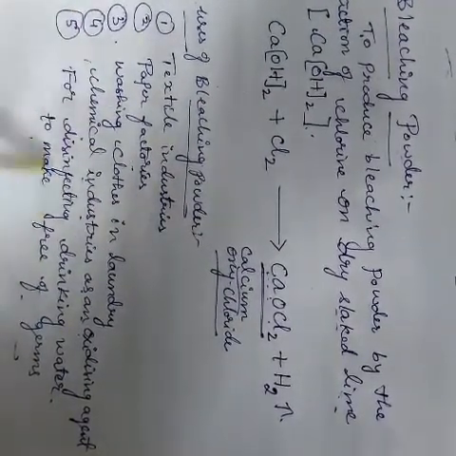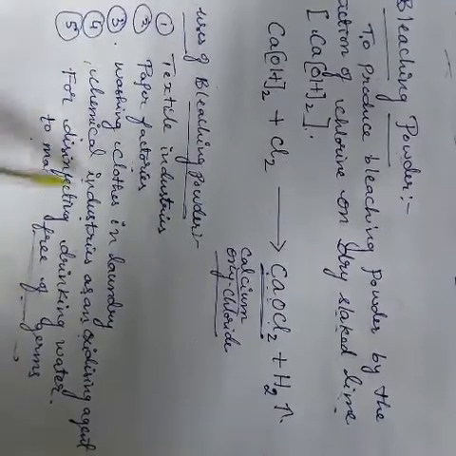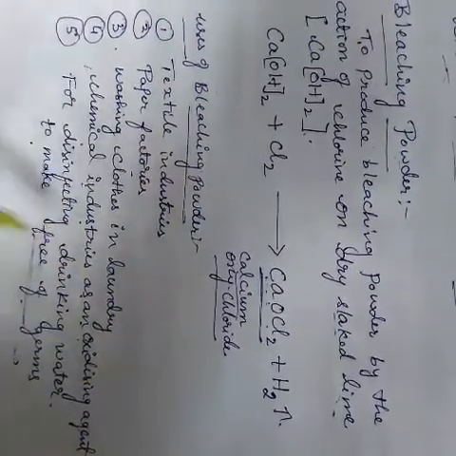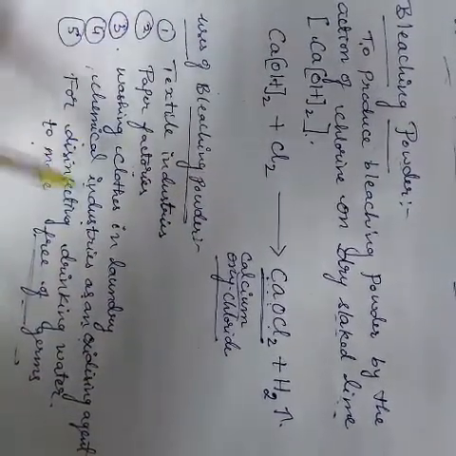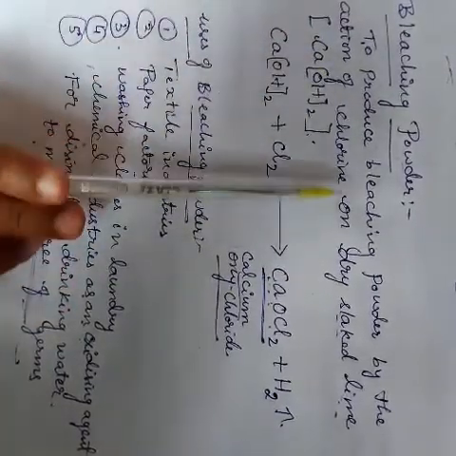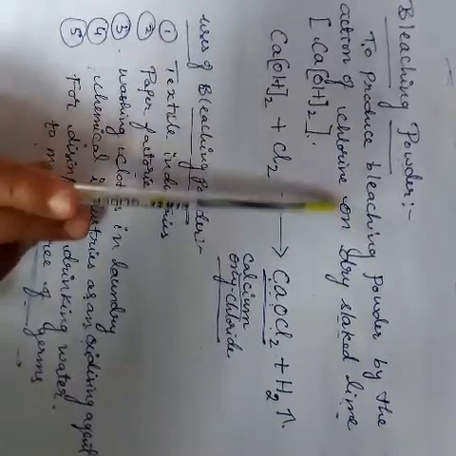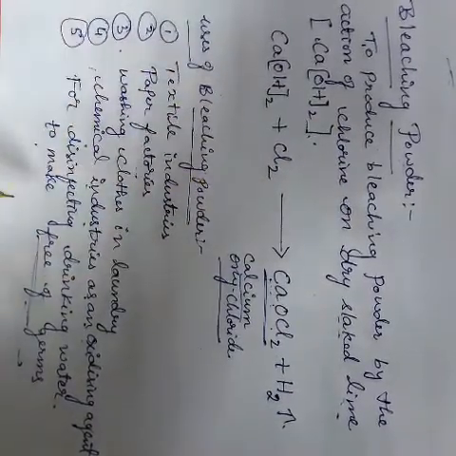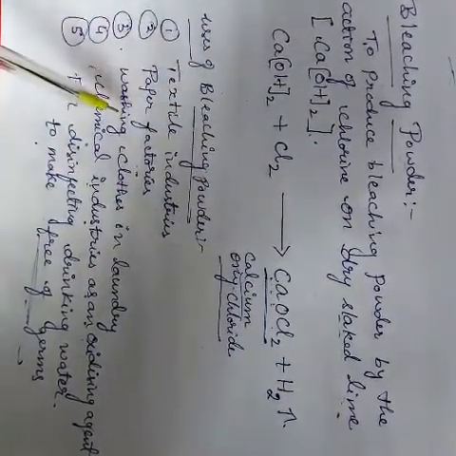So bleaching powder is used. Okay, so these are the uses of bleaching powder. All these salts are important topics. Remember this, write down the formation of salts like bleaching powder, their equations, and then uses. Remember all the points.